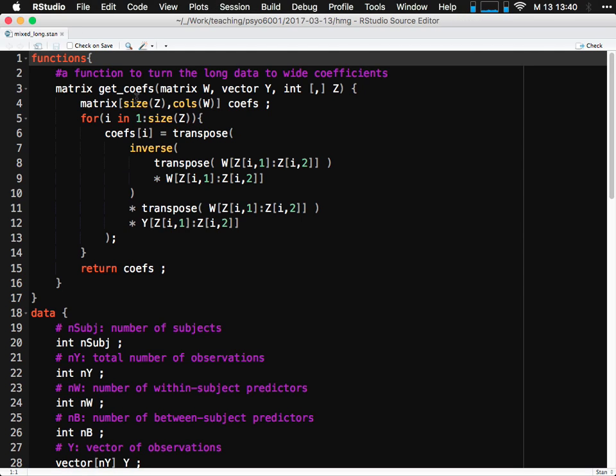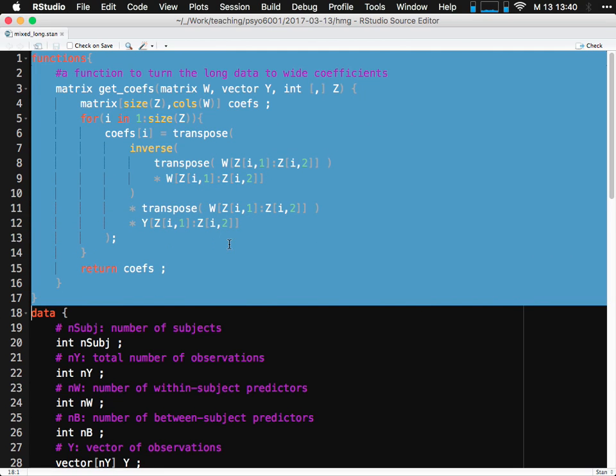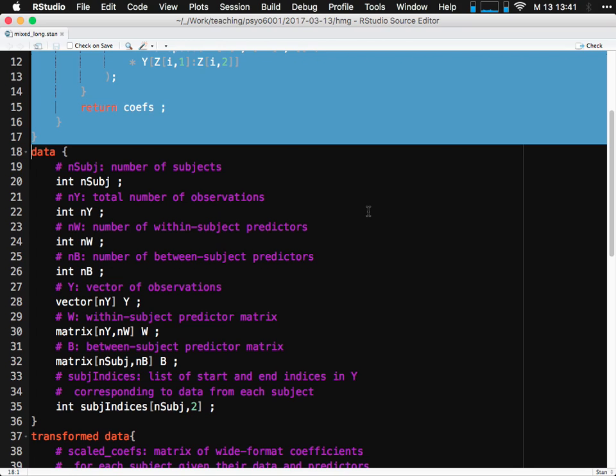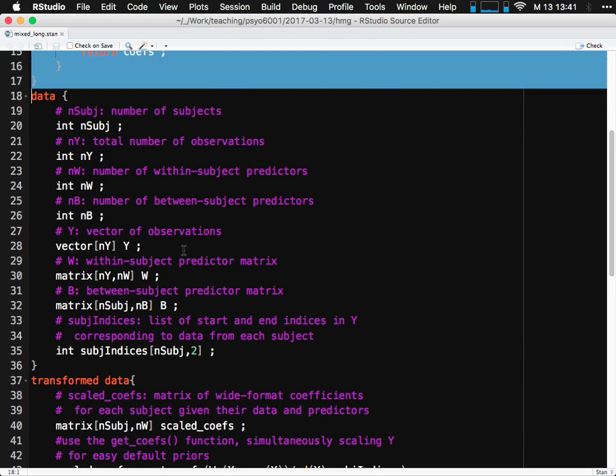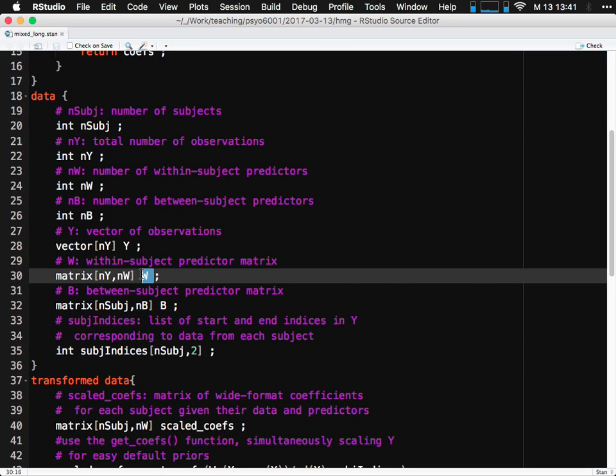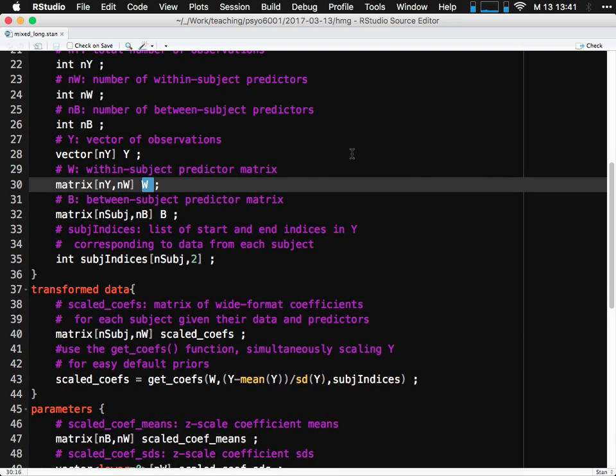And if you remember, the mixed long was the one where you had this function at the top which got the coefficients given a person's data and within subjects predictor matrix. So instead of us having to hand code this person's intercept and this person's difference between conditions, it does all that for us.